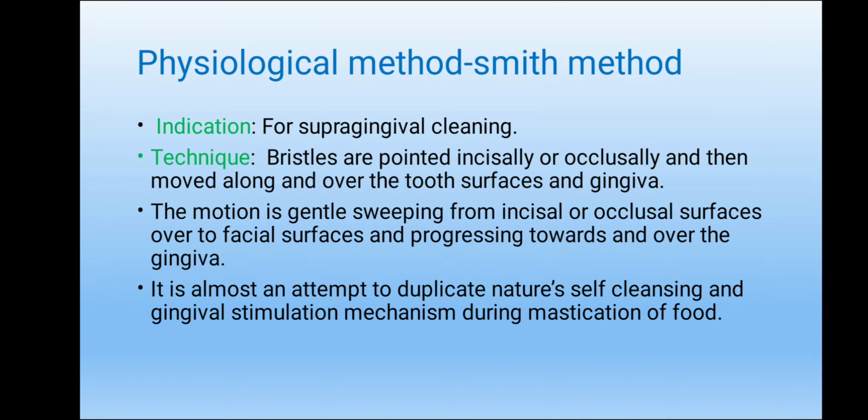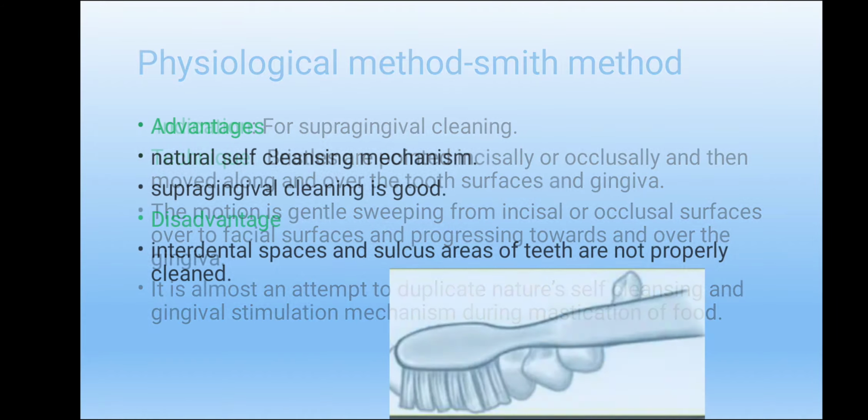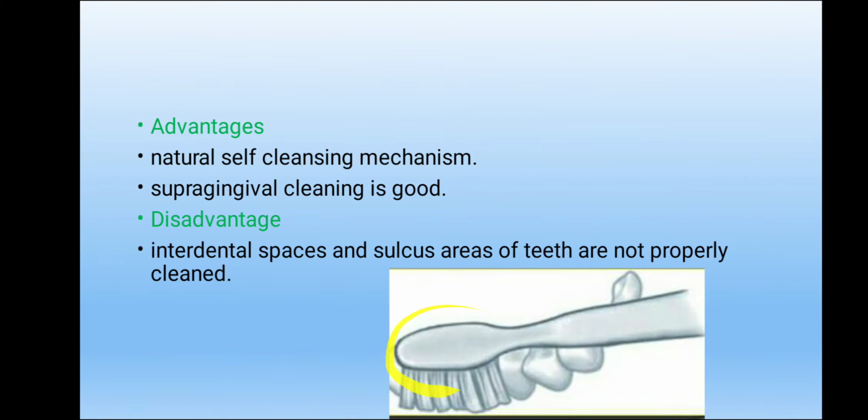Smith method. Indication: supragingival cleaning. Technique: bristles are pointed incisally or occlusally and then moved along and over the tooth surface and gingiva. Motion is a gentle sweeping from the incisal or occlusal surface over the facial surface and progressing towards and over the gingiva, as you see in this diagram.